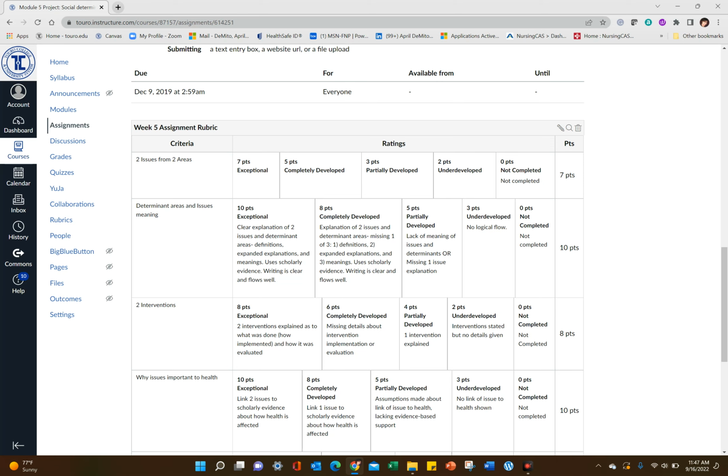Now, determinant areas and issues: clear explanation of the 2 issues and determinant areas, definitions, expanded explanations, and meanings, uses scholarly evidence, your writing is clear and flows well. 10 points. Well, how do you start losing points? The explanation of 2 issues and determinant areas is missing. And so, see, each one you're missing a little bit of the piece.